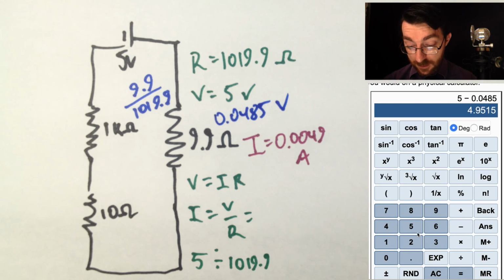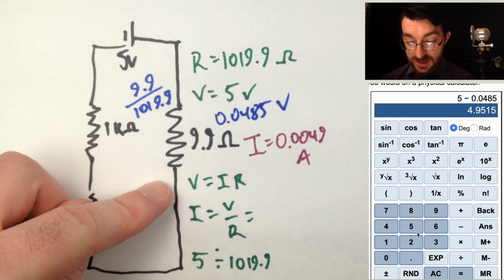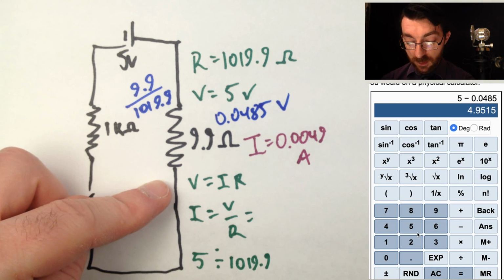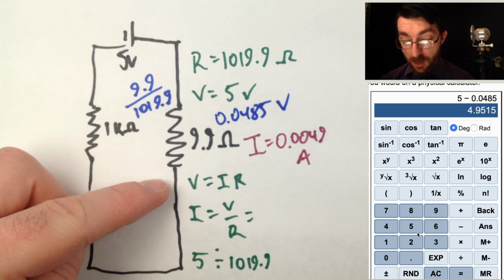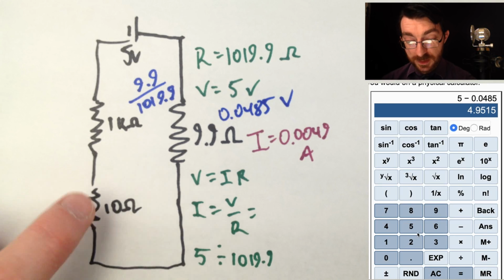Still a lot. 4.952, just round that. So at this point the voltage is 0.45, I'm sorry, 4.9515.